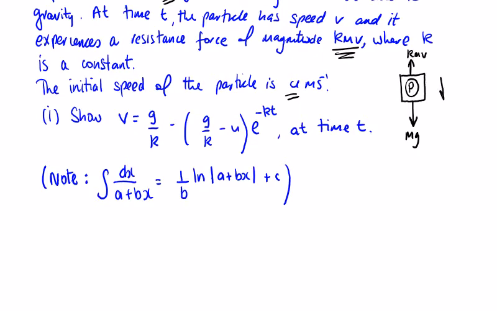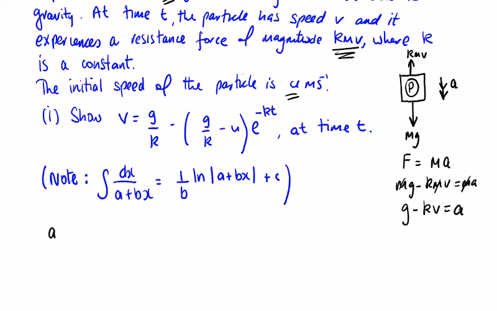It's falling under gravity, so my acceleration is down this way, and the forces at play equal mass times acceleration. So we have mg minus kmv is equal to ma. Dividing by m, we get g minus kv is equal to a.